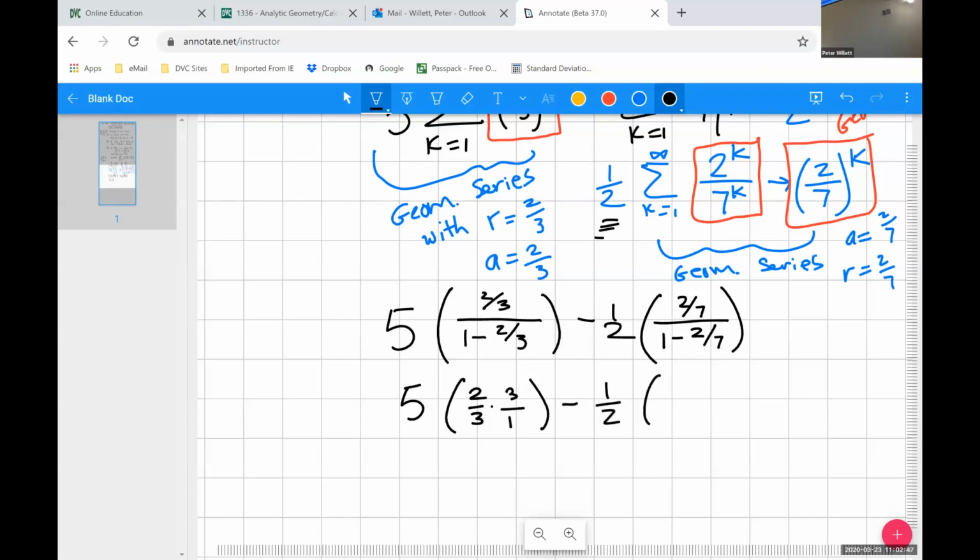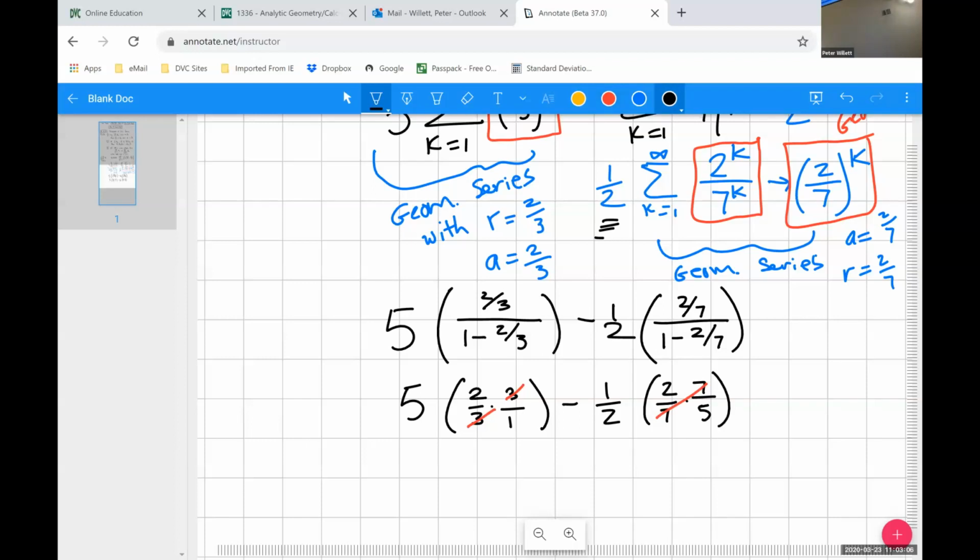And then over here, I would have 2/7, divided by 5/7. So that's the same as times 7/5. And these cancel.